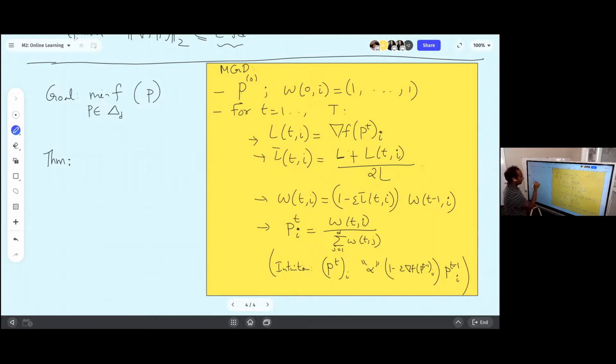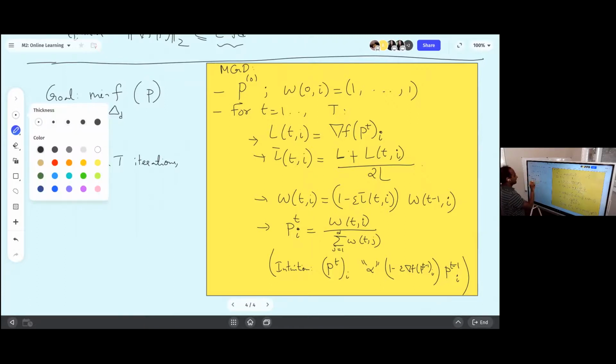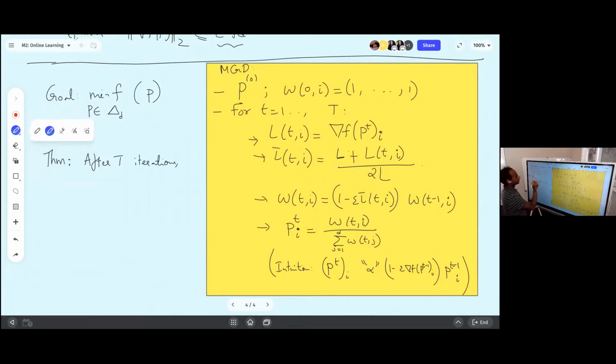So in particular, after t iterations, if I look at the sequence of iterates that my algorithm picks, remember that the sequence of iterates are these p's. Those are the ones that we are trying.